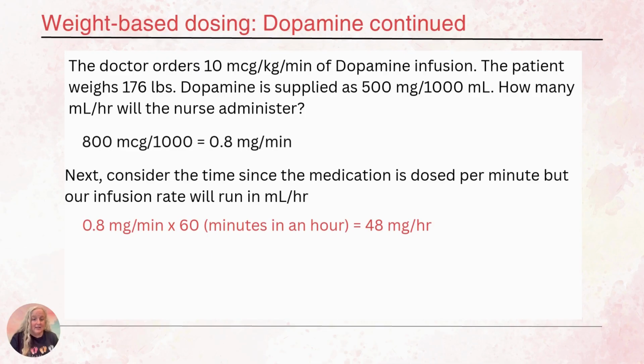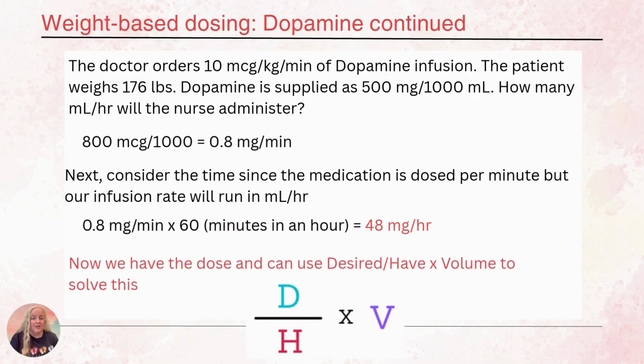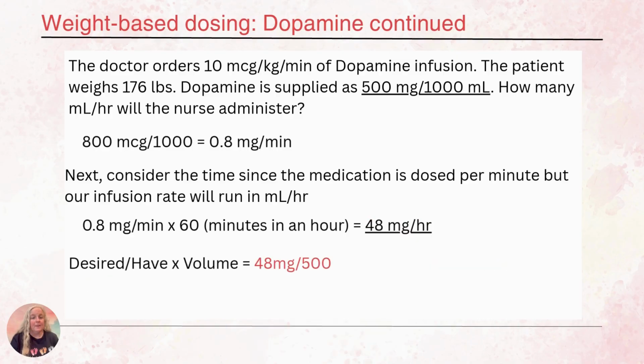Now this is our dose. Now that we have the dose, we can use desired over have times volume to solve this. 48 milligrams divided by 500 milligrams times 1,000 milliliters equals 96 milliliters per hour.